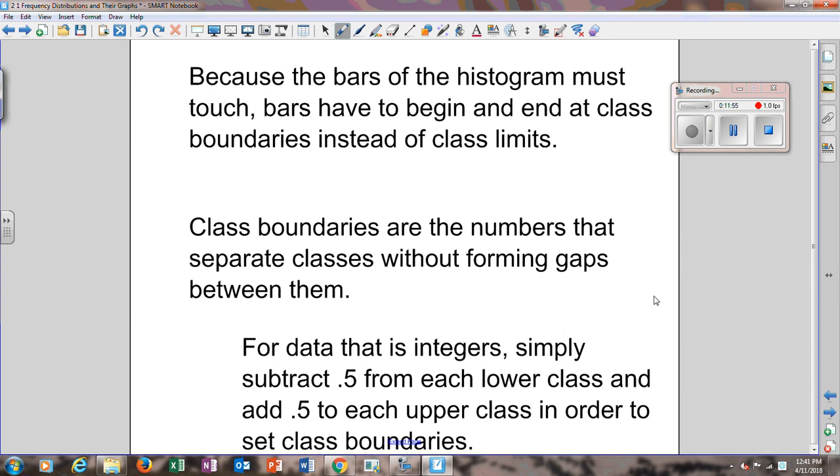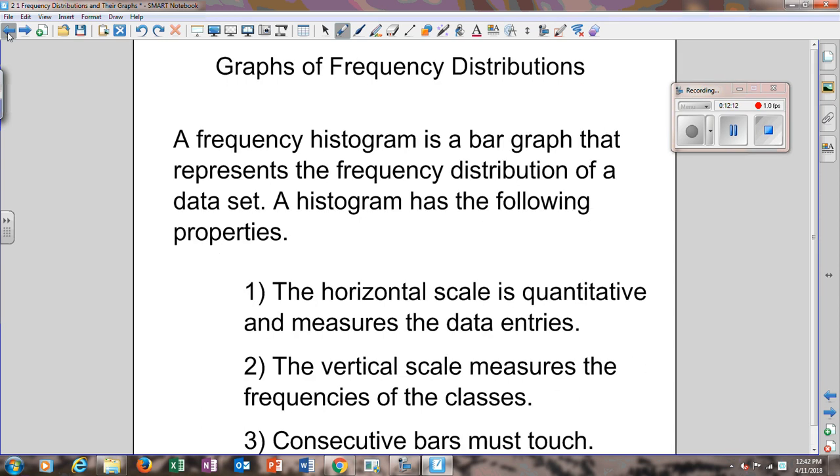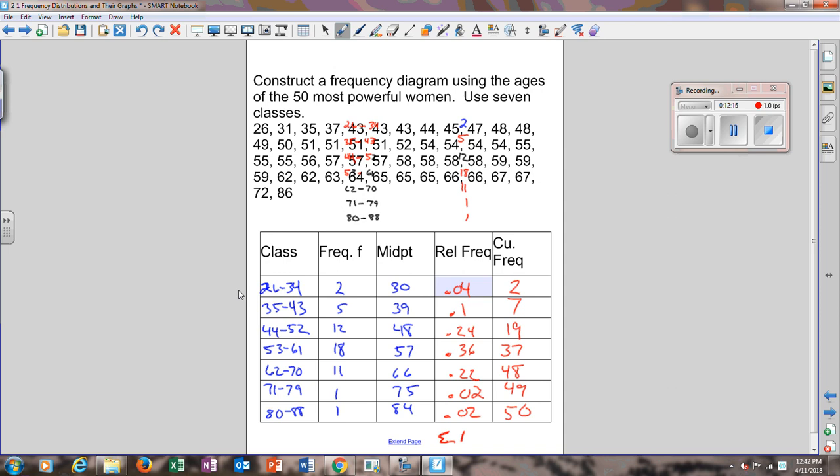Because they have to touch, the bars have to begin and end at class boundaries instead of class limits. Class boundaries are the numbers that separate the classes without forming gaps in between them. So if you look back at our table here, our class limits were 26 to 34. Well, that does not match up with 35.